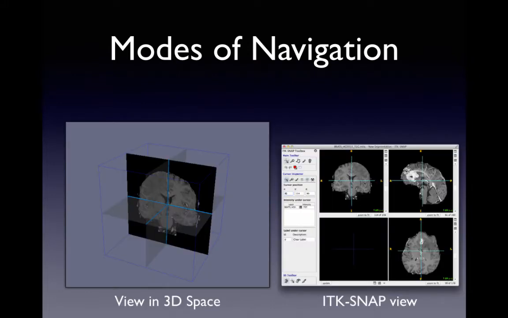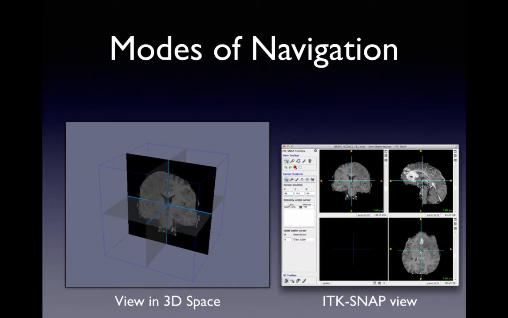navigation modes. As we go through the navigation modes, we're going to see this kind of setup in the slides. On the left, we see a representation of an image in three-dimensional space. And I don't know how easy it is to see here, but there are three orthogonal planes. Two of them are very, very subtle, and the third one is shown more clearly.